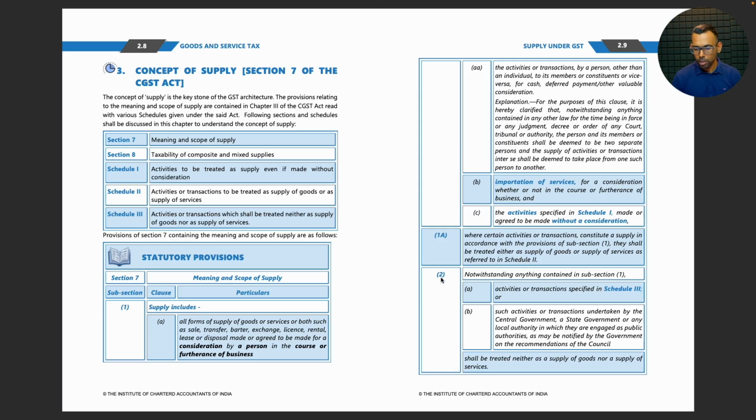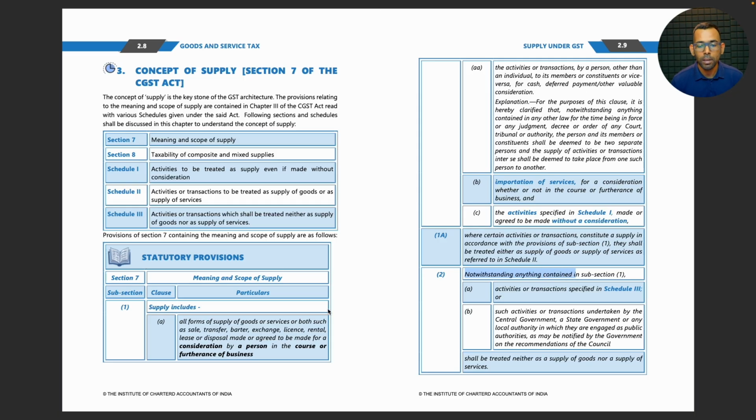Next, subsection 2. Notwithstanding anything contained in subsection 1, activities or transactions specified in Schedule 3, or such activities or transactions undertaken by the central government, a state government or any local authority in which they are engaged as public authorities, as may be notified by the government on the recommendations of the council, shall be treated neither as a supply of goods nor as a supply of service. They are starting this subsection with the clause of notwithstanding anything contained.